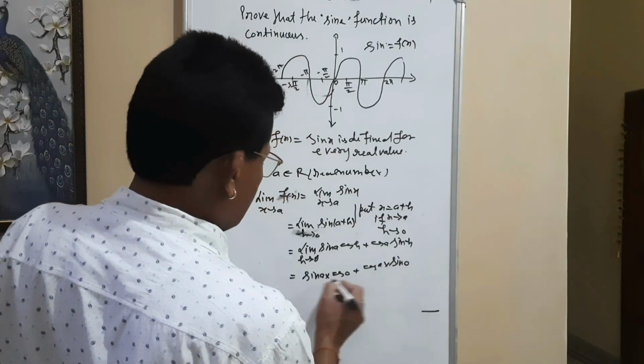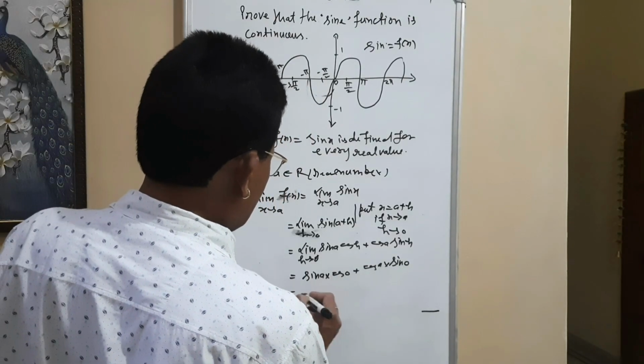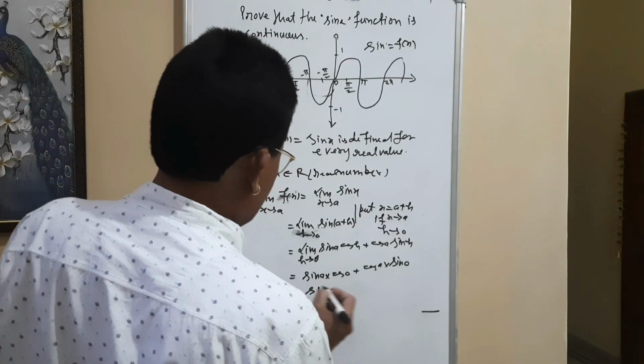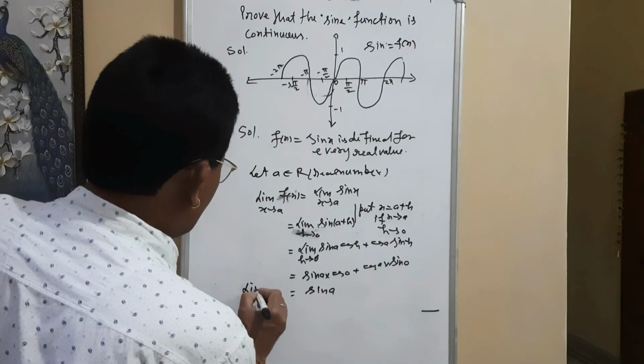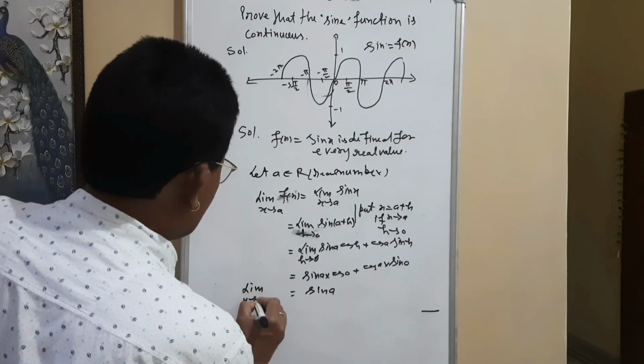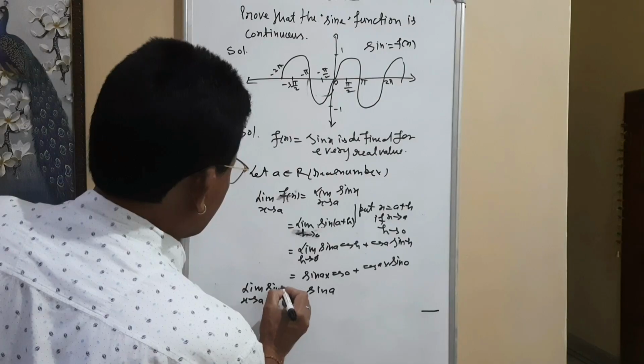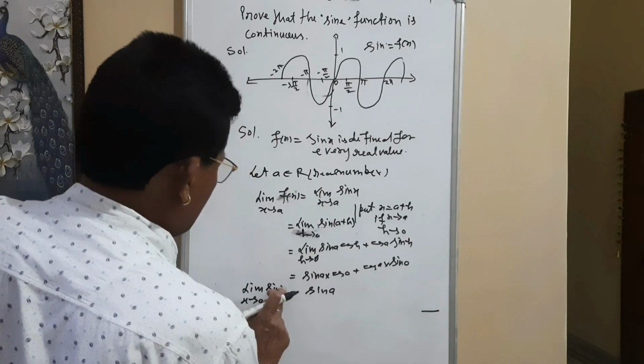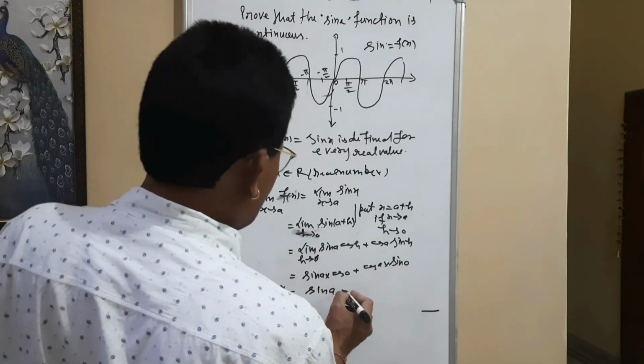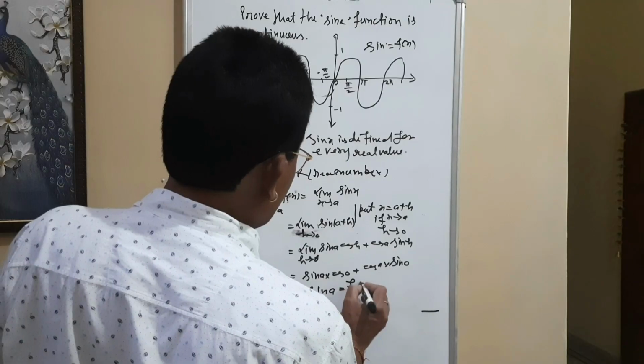Sine 0, my dear student, it is 0, cos 0, that is 1, that is why its value is sine a. My dear student, you got the value, limit x tends to a, sine function, sine x, means fx. Fx, it will be equal to what? Sine a. Sine a means fa.